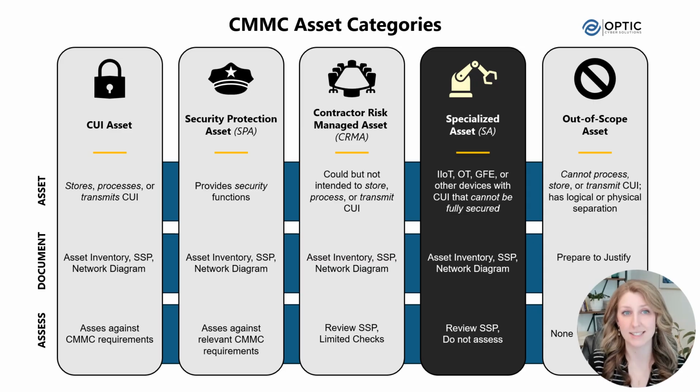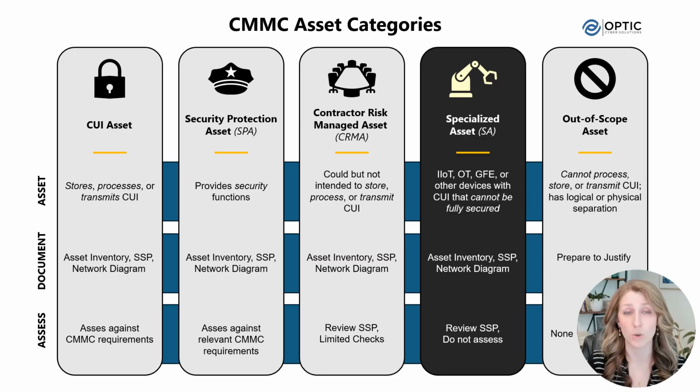Next, we have specialized assets. And these are assets that fall outside of the traditional IT systems, but still play a role in cybersecurity or business operations that use CUI. So it might be IoT devices, smart devices, security cameras, connected infrastructure, OT devices, the operational technology like industrial control systems, SCADA systems, or building automation, or even government property.